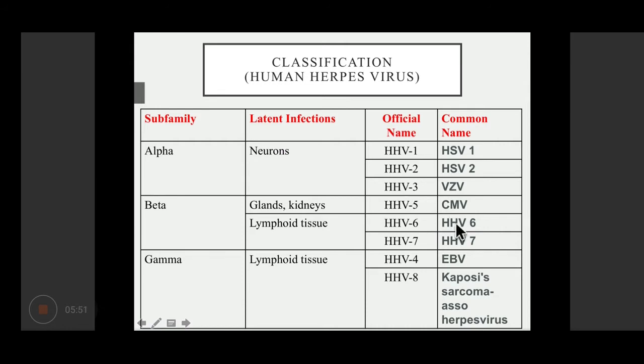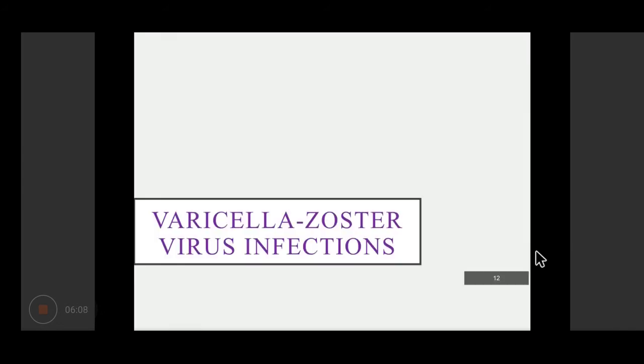Then we also have CMV, HHV6, HHV7, Epstein-Barr virus, which is HHV4, and then HHV8, which causes Kaposi sarcoma. So this is a very important classification for human herpes viruses. Like I told you earlier, we'll be discussing only Varicella Zoster virus among all the herpes viruses, because other members have been covered or will be covered.